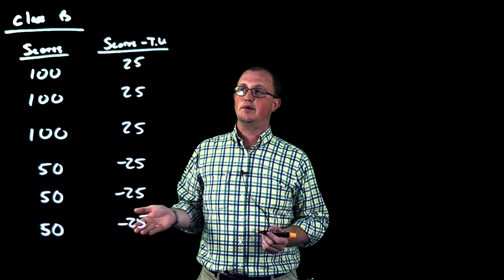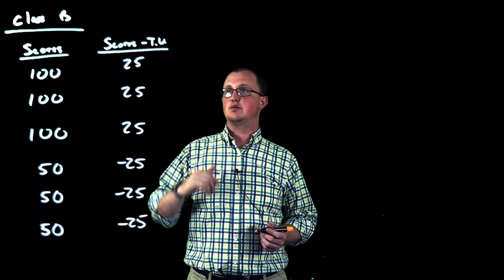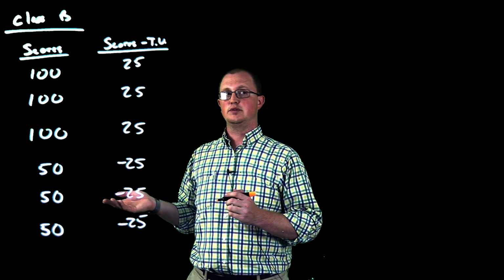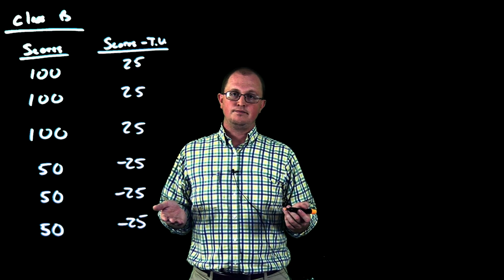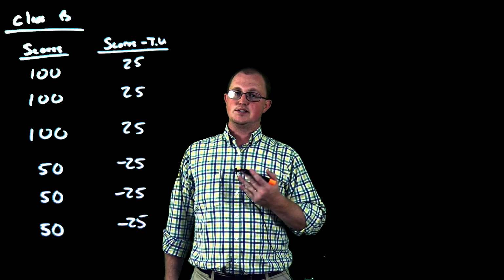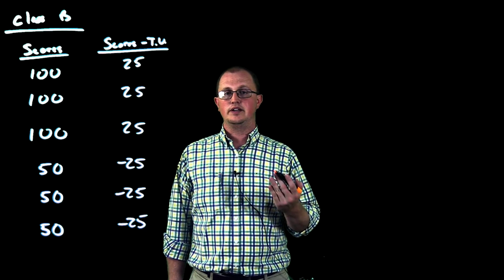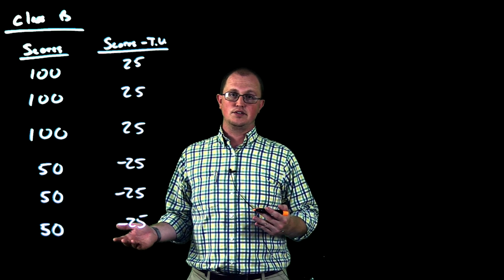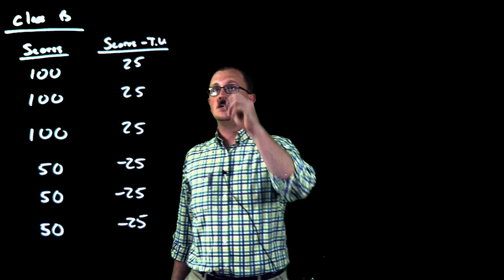The way we can get around that is by, instead of looking at just what happens when we subtract the typical value, let's subtract the typical value and then square it. Because whenever we square a number, a positive number stays positive, and a negative number becomes positive. And so this way, all of the values are positive, and they're all going to count the same.